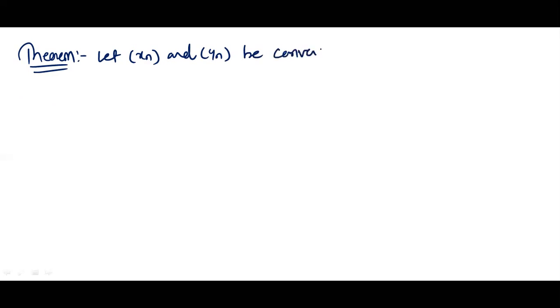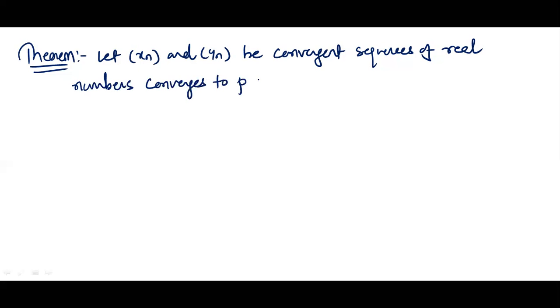Let's see algebra of convergent sequences of real numbers. Let xn and yn be convergent sequences of real numbers converging to P and Q respectively.